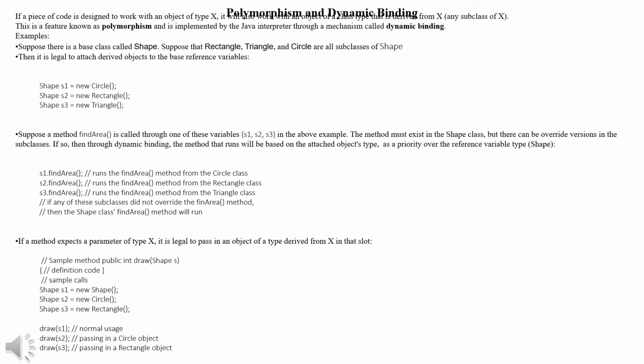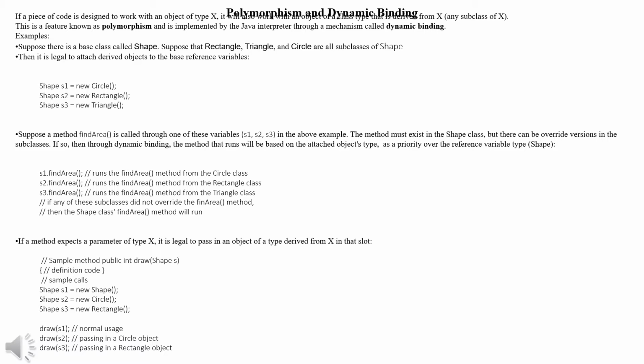In polymorphism, if we have a piece of code which is designed to work with an object of type X, then that piece of code will also work with an object of a class type that is derived from X. It means a subclass of X. So this feature is polymorphism.